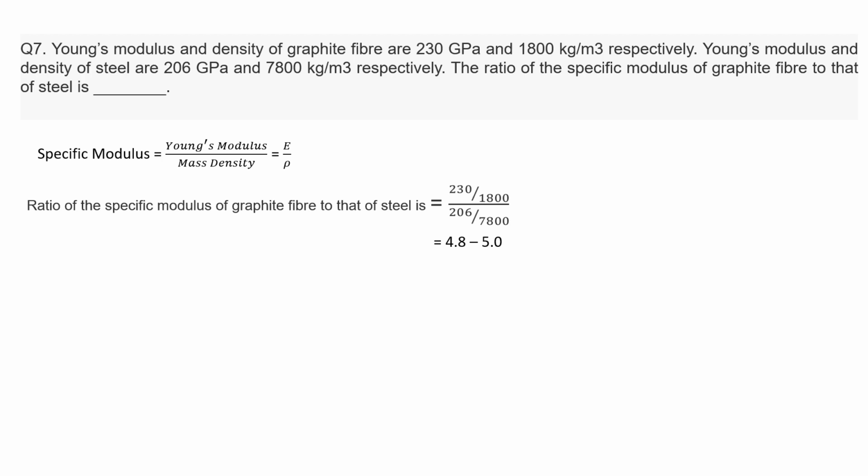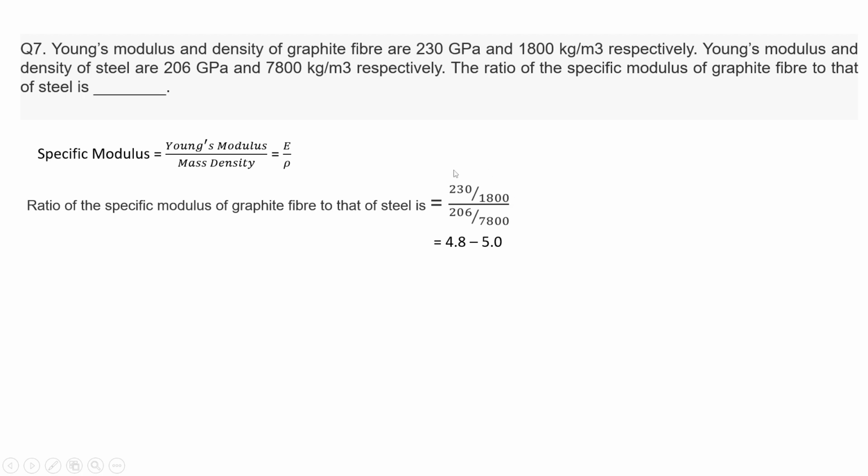So here they are trying to find the ratio of specific modulus of a composite reinforcement to that of steel. The formula for specific modulus is Young's modulus divided by the mass density. The Young's modulus and mass density of graphite fiber and steel are given to us, so we have to find the ratio of specific modulus of graphite to steel.